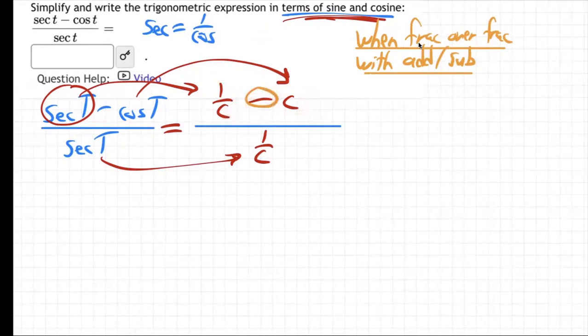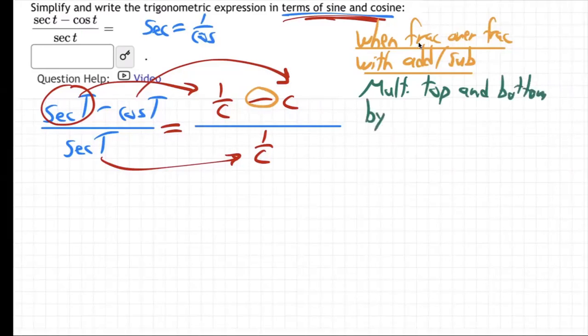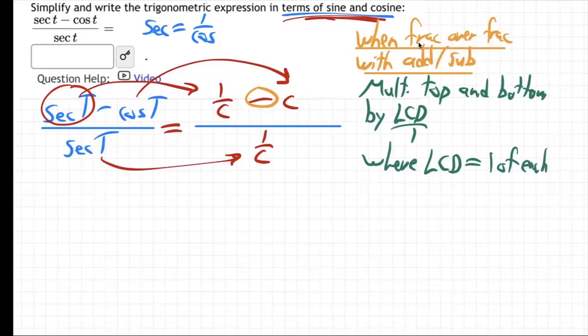So when you have that, what are you going to do? You have to multiply the top and the bottom by the LCD over 1, where the LCD equals 1 of each item under a small bar.